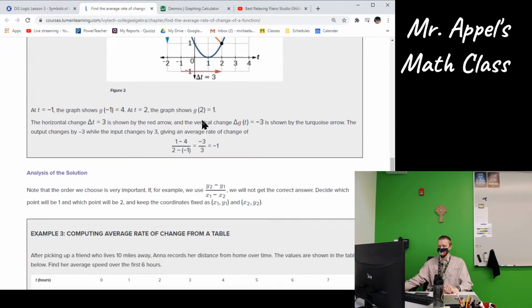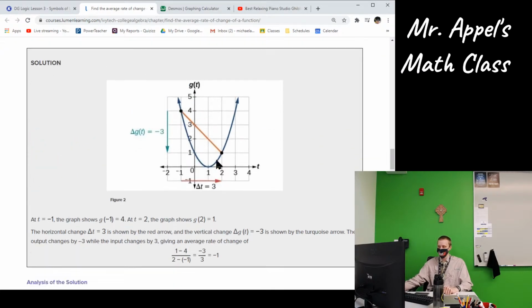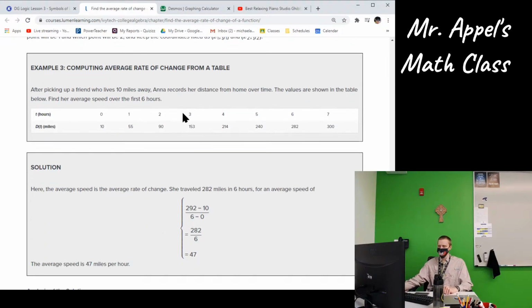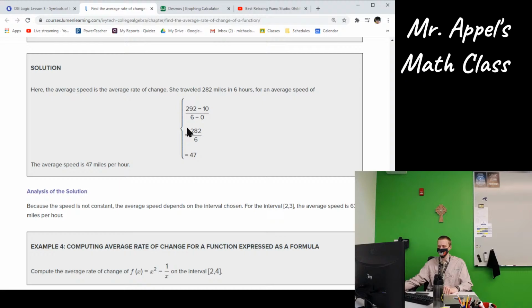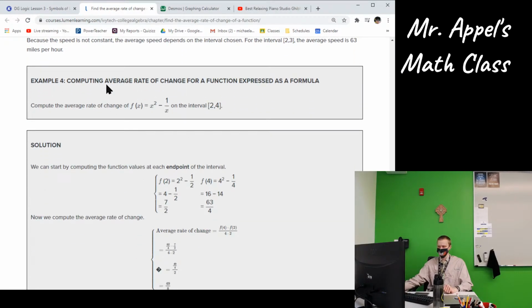Okay. So example 2 is basing our data on a graph. Example 3, still from a table here. Not really any different. Example 4, you can, of course, just be given the formula, right? And interval notation from 2 to 4.